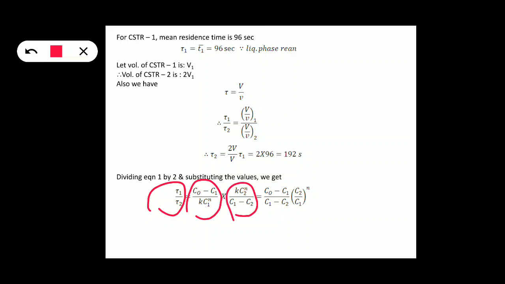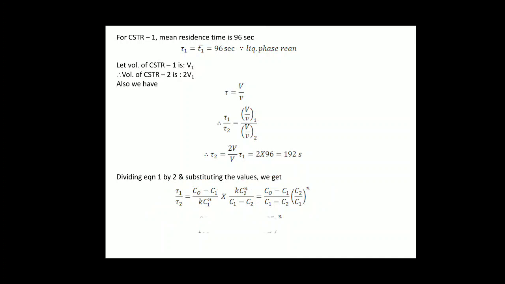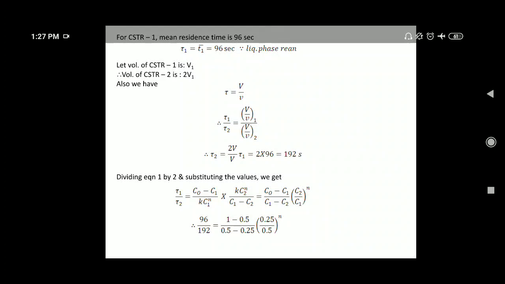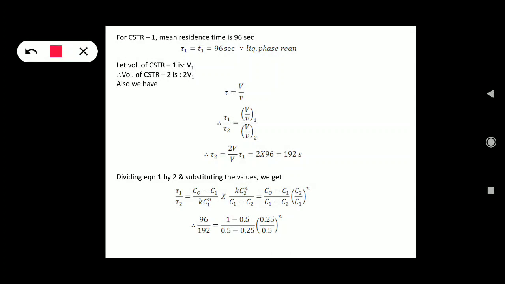If you simplify this, you will get C0 minus C1 upon C1 minus C2 into C2 by C1 raised to n. Now if you substitute the values, you will get this. So tau 1 is 96 seconds, as you already know. Tau 2 is 192 seconds. The initial concentration C0 is 1, C1 is 0.5, C2 is 0.25.